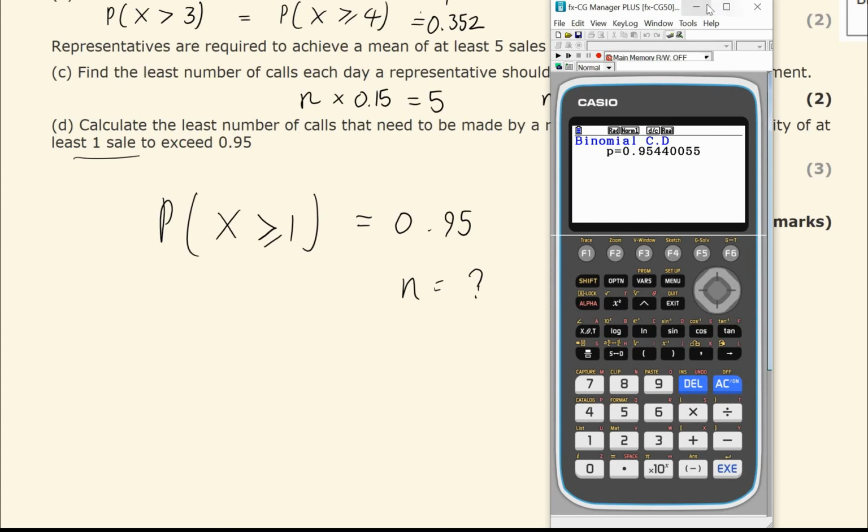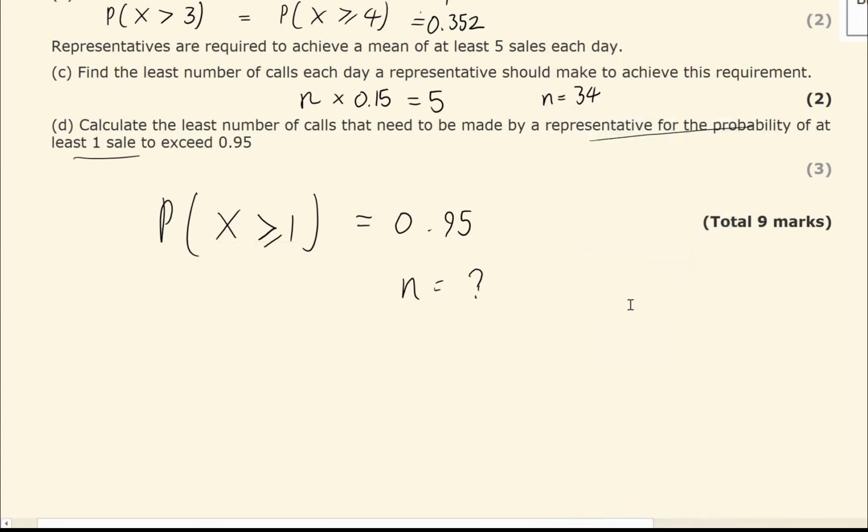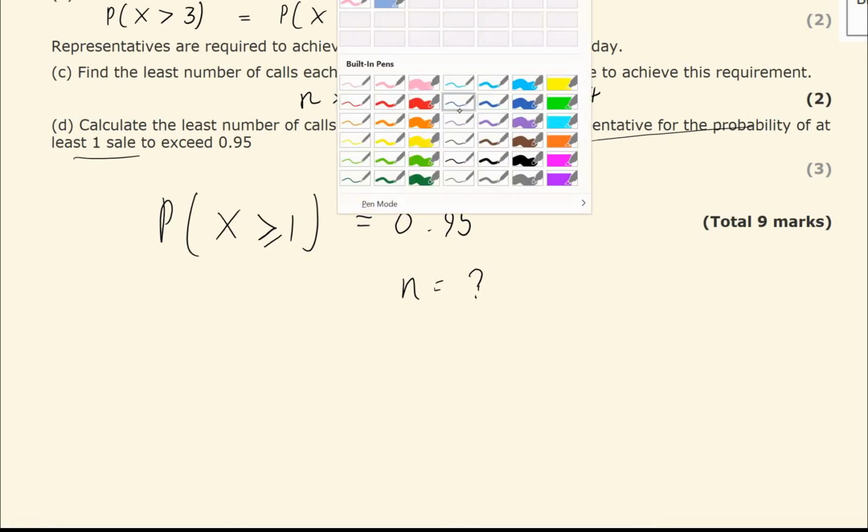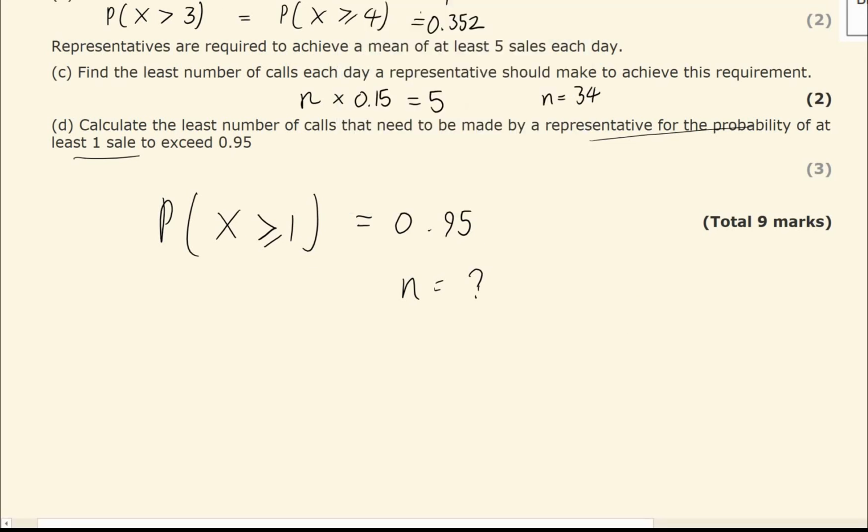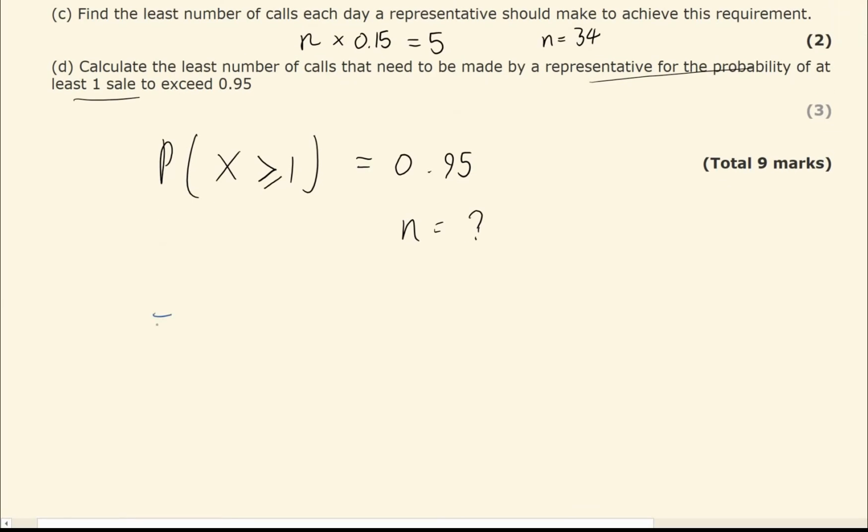Okay, so the alternative method is we could do the opposite of this. We know that if the odds of getting at least one sale is 0.95, that implies the probability of getting less than one sale, the complete opposite, is going to be 5%. Or in this case, he wanted greater than 0.95, so we want less than 0.05.